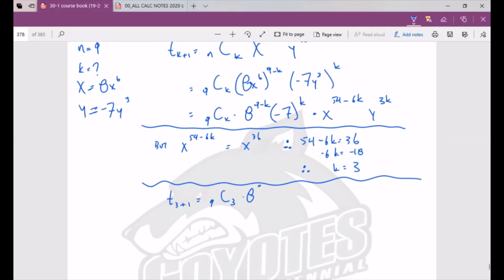8 to the 9 minus 3, negative 7 cubed, times x to the 54 minus 6 times 3, y to the 3 times 3. Filling all this in, this is 84. 8 to the 6 is 262,144. Negative 7 cubed is negative 343.